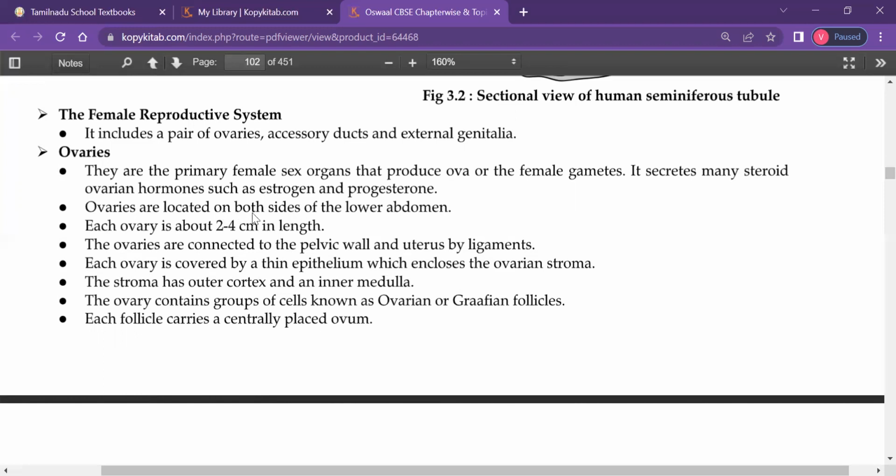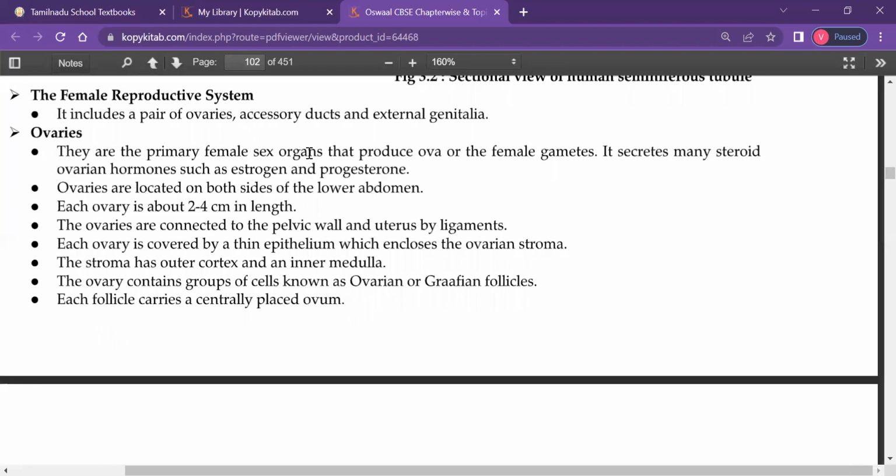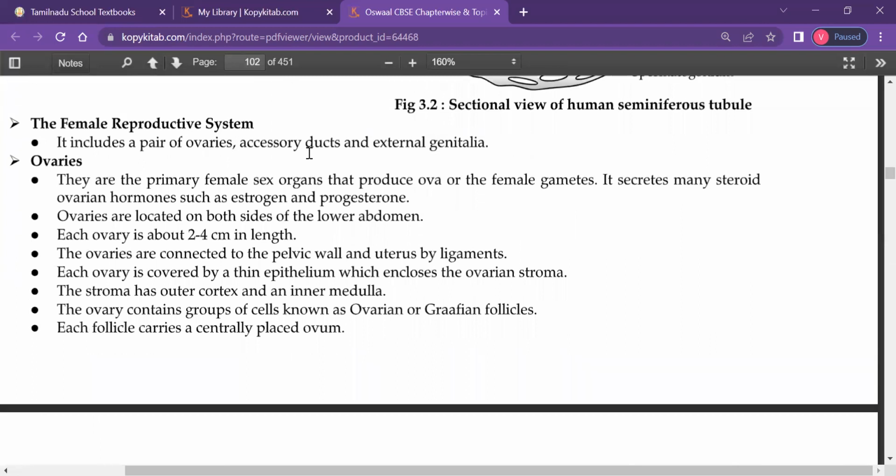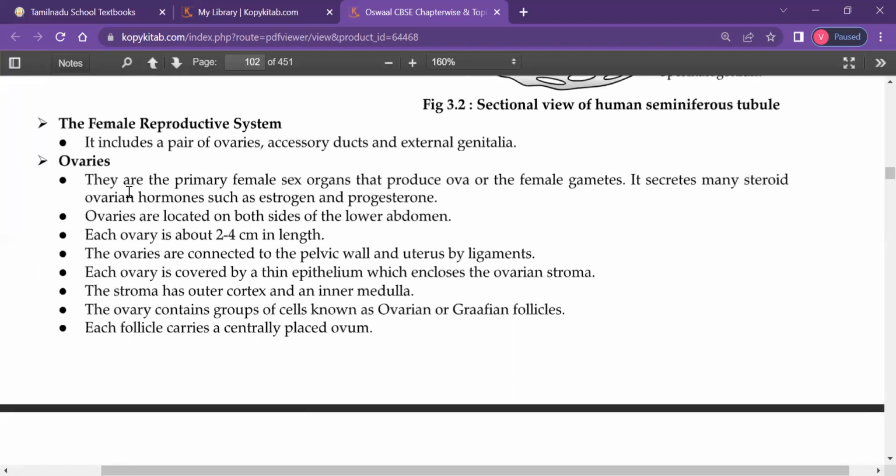What is the female reproductive system? It includes a pair of ovaries, accessory ducts, and external genitalia. Ovaries are the primary female sex organs that produce ova, or the female gametes. They secrete many steroid ovarian hormones such as estrogen and progestogen. Ovaries are located on both sides of the lower abdomen.